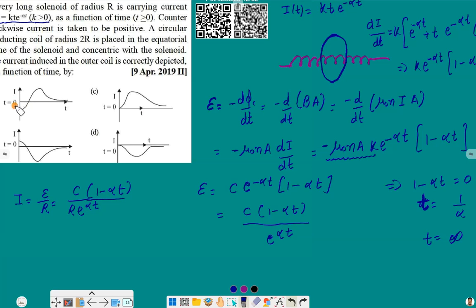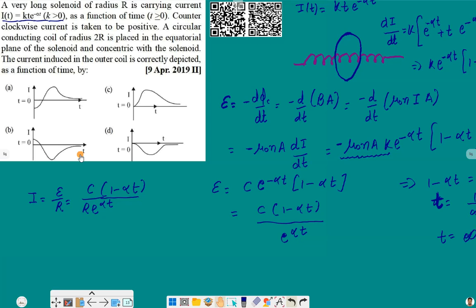But in option A and option B, we have a point here, and in option B also we have a point here, where current reduces to 0. So option C and option D will not fulfill this criterion, and option A and option B will fulfill it. So one of them will be the right answer.